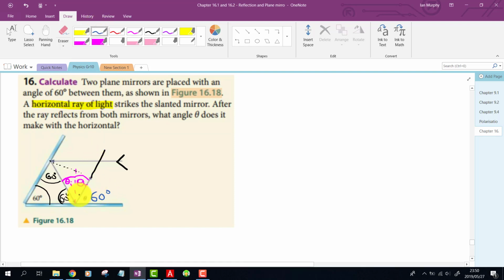Why? Because these two add up to 90, those two add up to 90. If this is 60, this has to be 30. This is equal to this one, so this will also be 30. 90 minus 30 will give me 60. So theta is 60, and that is our final answer. Theta is equal to 60 degrees.